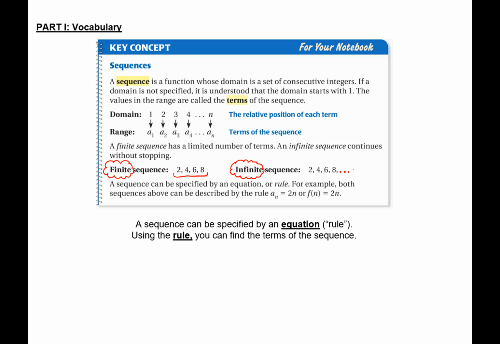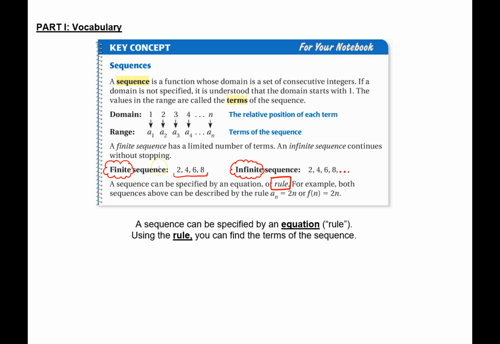Now, what we're going to be working a lot on today is figuring out, for a given list of numbers, a given sequence, an equation that will be the rule for that. If we're looking at this finite sequence, for example, 2, 4, 6, 8, then the rule being followed there is that we are adding 2. 2 plus 2 is 4, 4 plus 2 is 6, 6 plus 2 is 8.